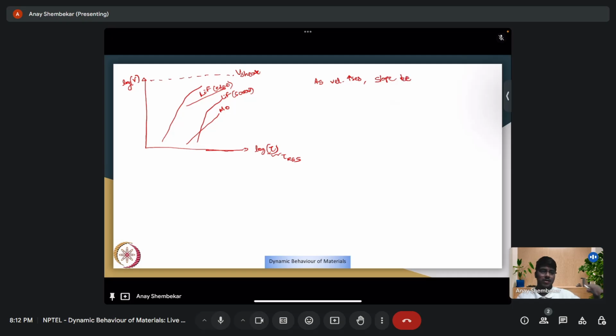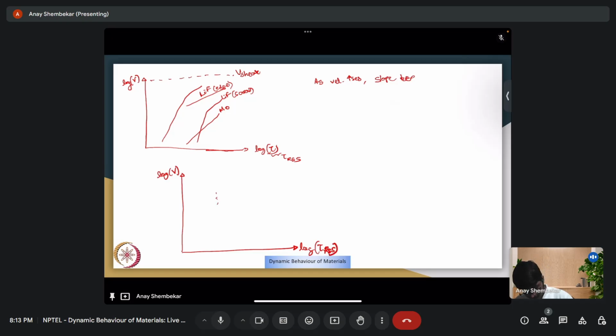So it automatically starts limiting itself. So roughly speaking, we can draw a schematic diagram which looks like this: log of dislocation velocity versus log of resolved shear stress, RSS.